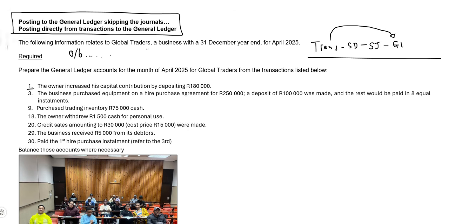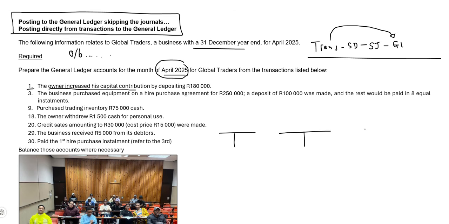So we are doing the transactions for April 2025. The year end is December, and we're doing the transactions for April. On the 1st of April, the owner increased his capital contribution by depositing 180,000. Now I'm going to do this for the first couple of transactions. We'll use T accounts to explain the debits and the credits.